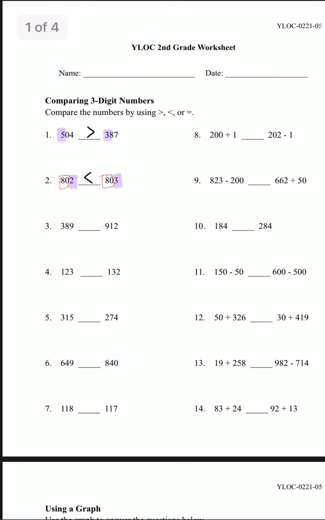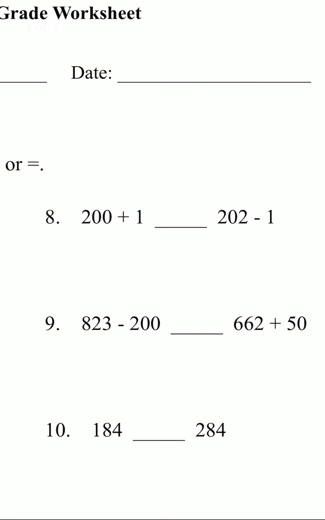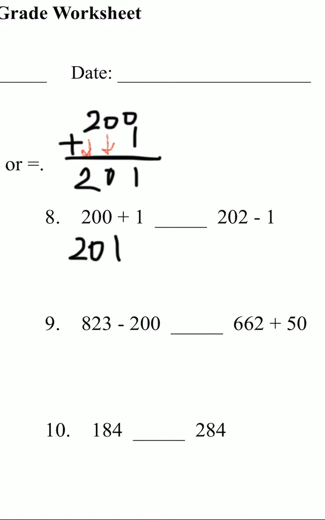Now we're going to try number 8. We have 200 plus 1 and 202 minus 1. So 200 plus 1. 1 plus 0 is 1. This comes down, so we have 201. So that's 201.